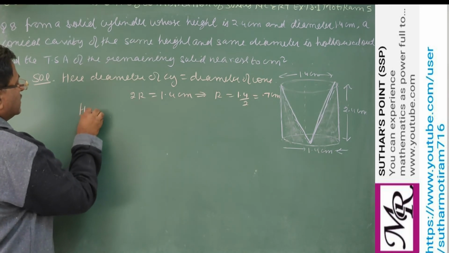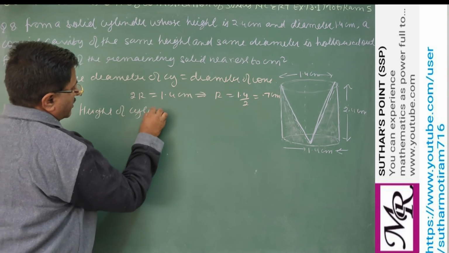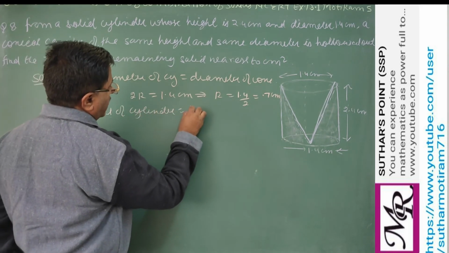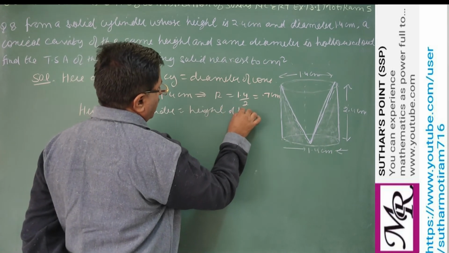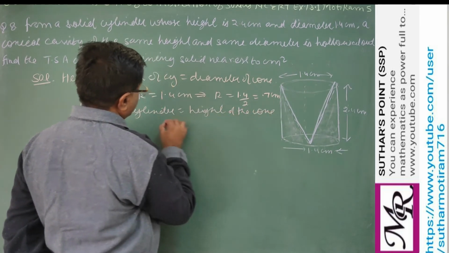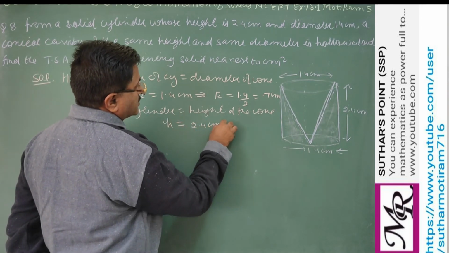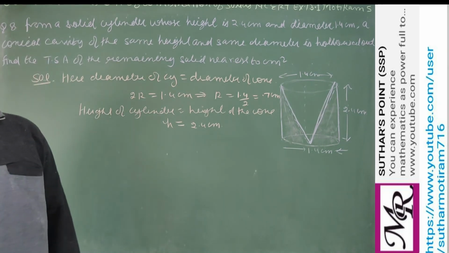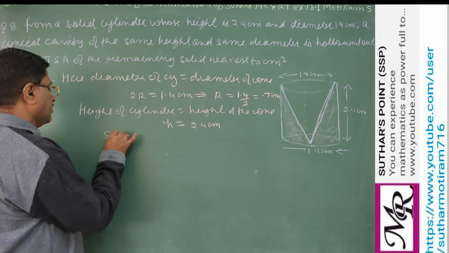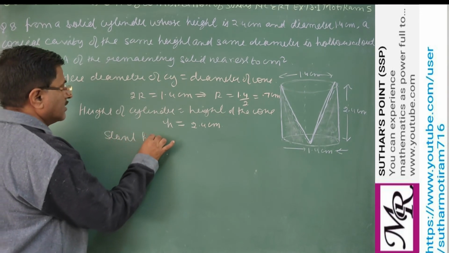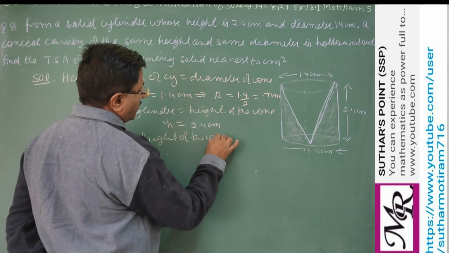Then the height of the cylinder is also the height of the cone. Both have the same height, that is 2.4 centimeter. Clear. Now we want to find the slant height, also needed in the formula, the slant height of the cone.